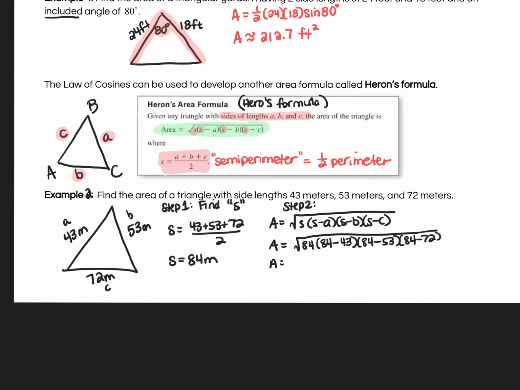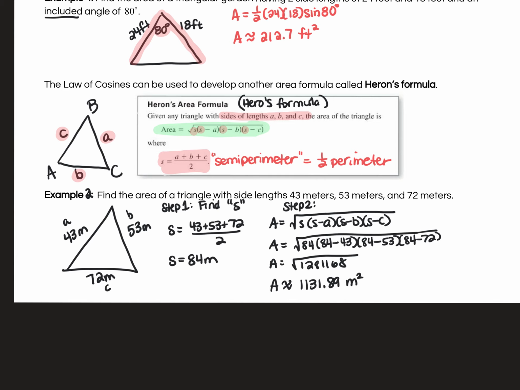I'll go ahead and figure out what the product is underneath the radical. I'm going to get this really long number here, 1281168, and then to solve for the area, I've just got to take the square root of that. I'm going to get an approximation again, 1131 point, let's say 89 meters squared.